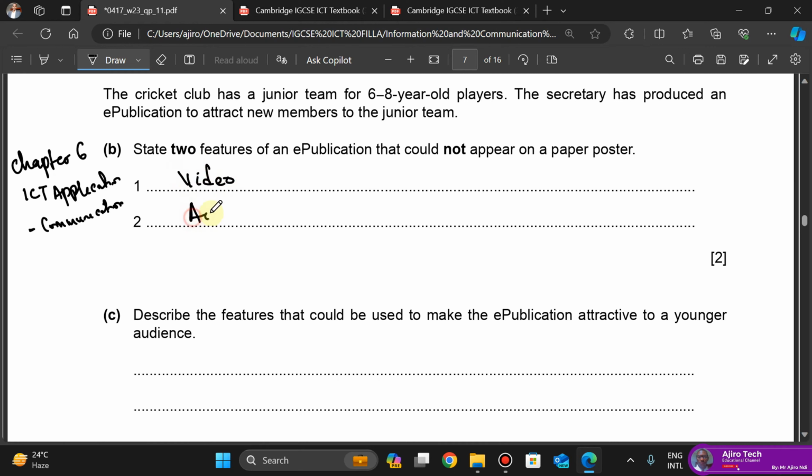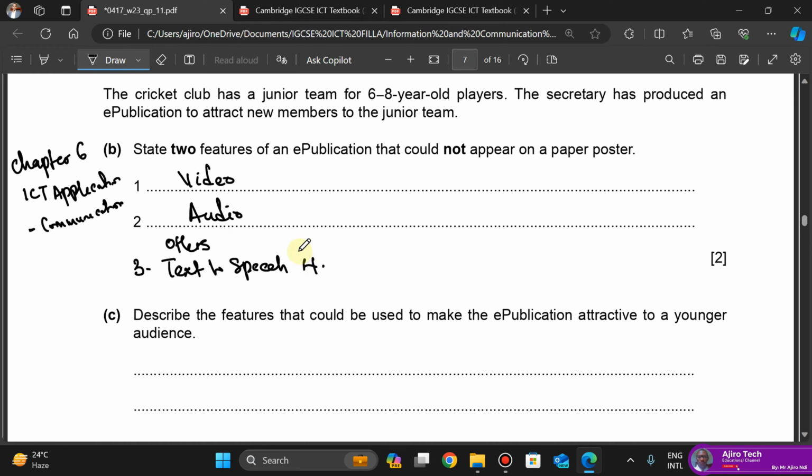Okay. Audio. Others, okay, you have hyperlinks. Okay, clickable hyperlinks. Okay, for others, number 3, you have text to speech. Yes, text to speech. When it gets to read it to you, Speechify. I use Speechify.